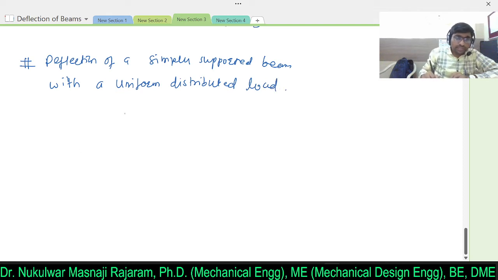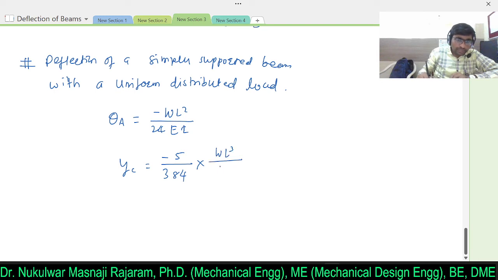Clear? So at that time you will get the slope at A, that will be minus WL square divided by 24 EI, and deflection at center, that will be equal to 5 by 384 into WL cube divided by EI.